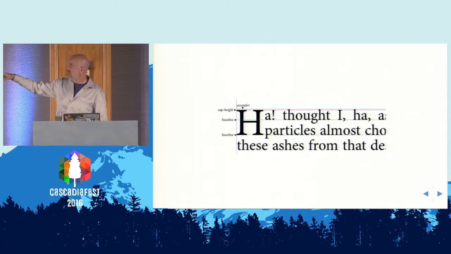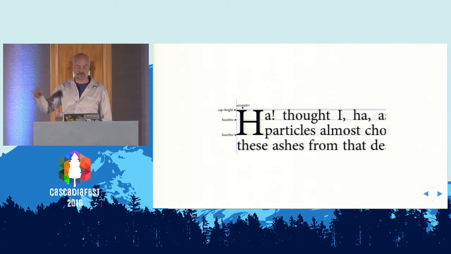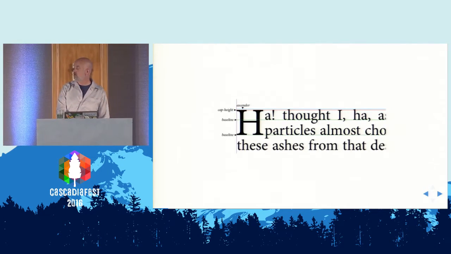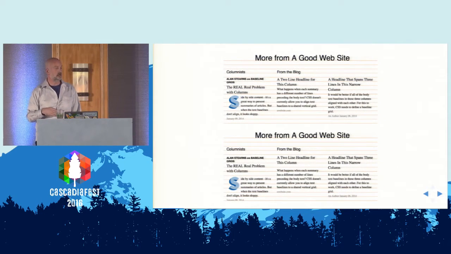I was asked to give an internal talk at Adobe on what the web still lacked in the way of typographic and layout features. So I gave a talk about things like baselines of text and being able to line things up to baselines, whether it's for a drop cap or with a baseline grid.